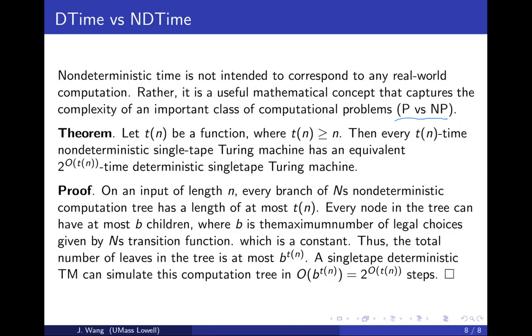Okay, because if we move back to the previous slide, then we know that you have to look at all possible paths in a non-deterministic computation, and the number of possible paths, if each path is at most T of n in length, then it is 2 to the, it would be a constant, right?